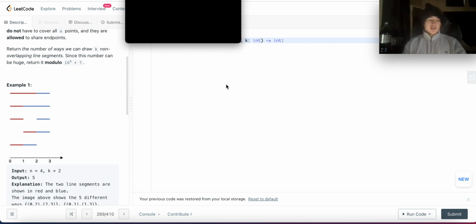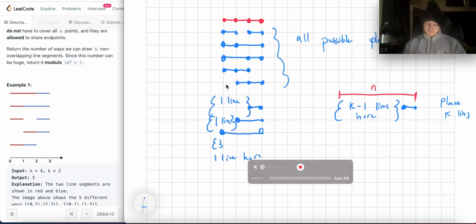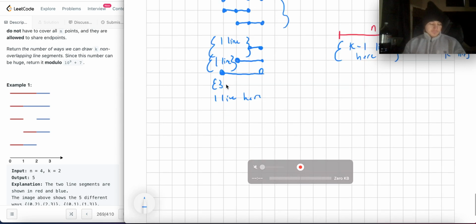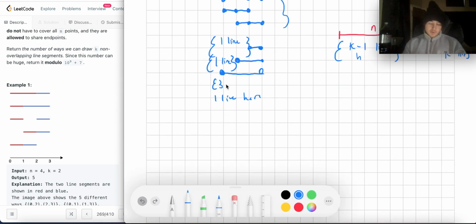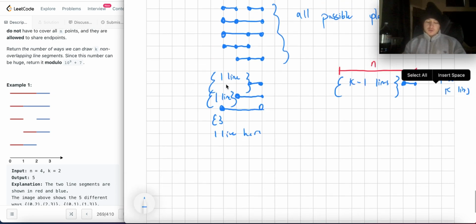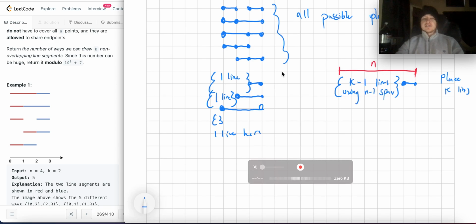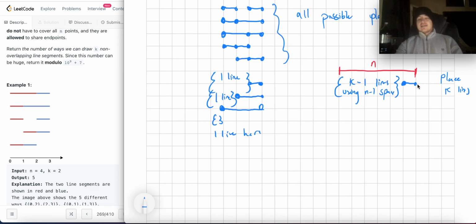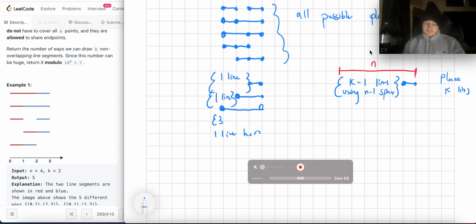More generally, I have to do k minus 1 lines here using n minus 1 space. Why? Because I create a line that's length 1 here, so then I have k minus 1 lines remaining, and I have to use n minus 1 space to do it.